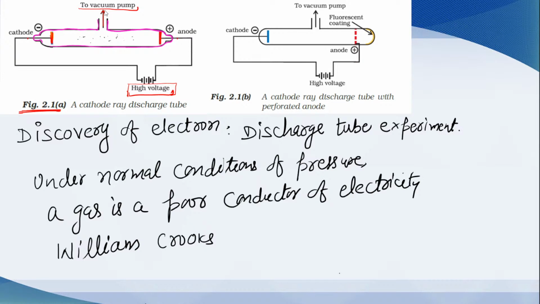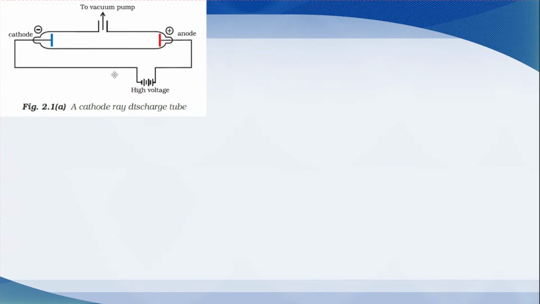So we observe the following things. This is the setup of the cathode ray discharge tube. Now what happens? First observation: under normal conditions.